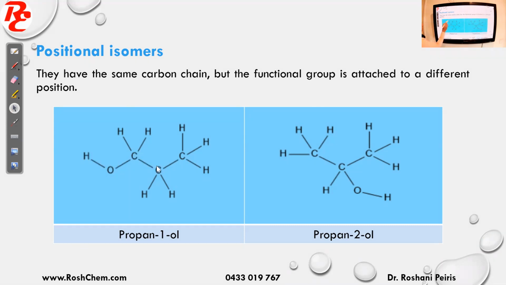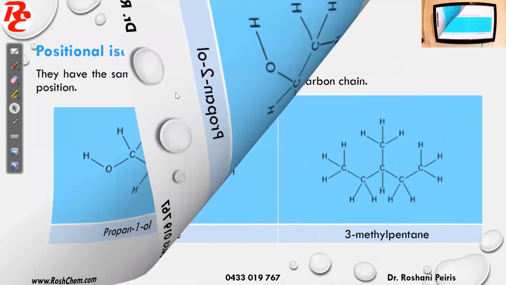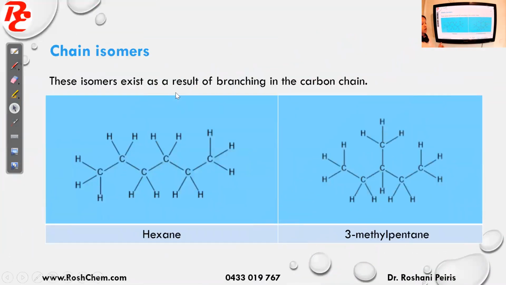Okay, we'll look at chain isomers now. In chain isomers, the carbon chain is different. That results from branching. You can see in hexane, the 6 carbon atoms are arranged in one single chain. In the other one, you also have 6 carbon atoms, but 5 carbon atoms are arranged in one chain, and then you also have a branched one, which is the methyl group.